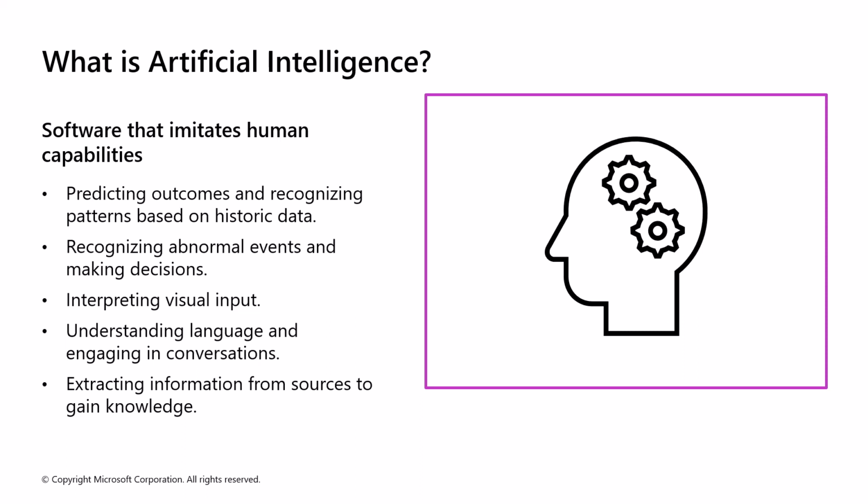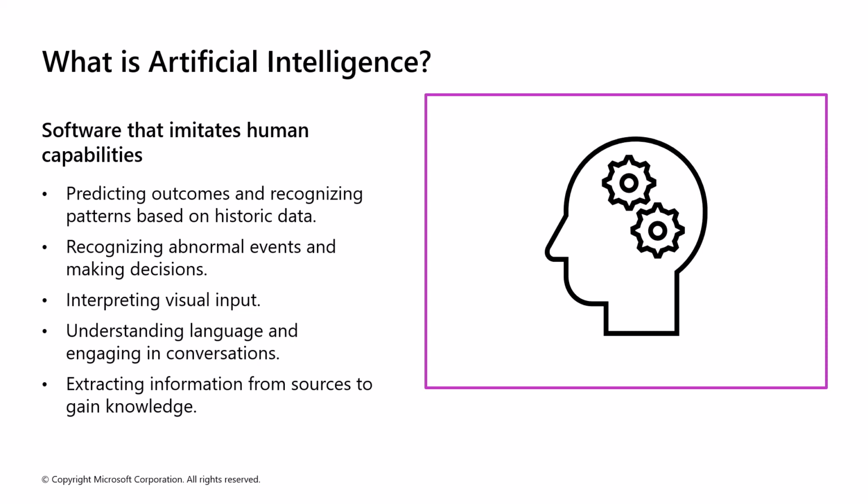AI enables us to build amazing software that can improve healthcare, enable people to overcome physical disadvantages, empower smart infrastructure, create incredible entertainment experiences, and even save the planet. Simply put, AI is software that imitates human behavior and capabilities.